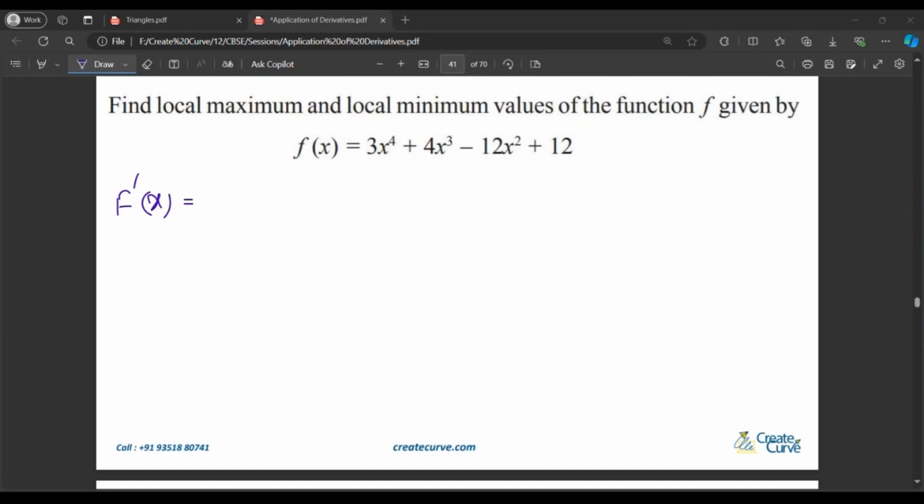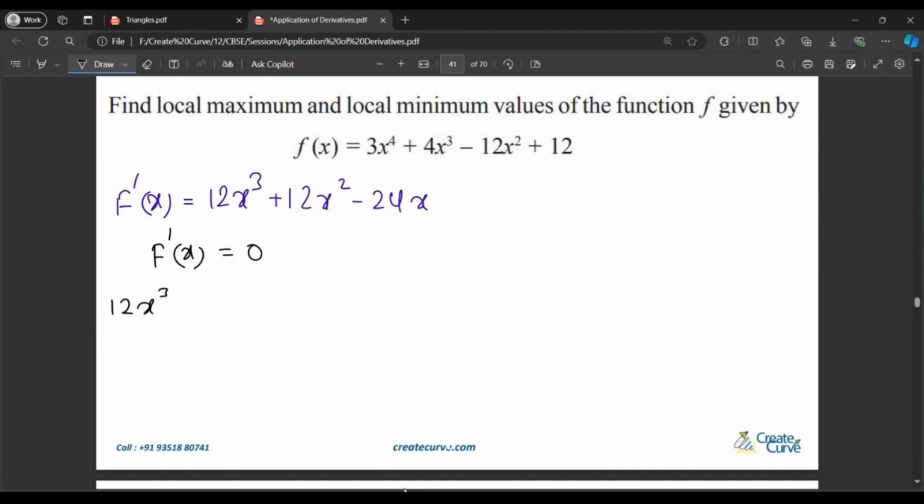12x cubed plus 12x squared minus 24x. Okay. f dash x is equal to 0. So 12x cubed plus 12x squared minus 24x is equal to 0. Okay, we can take 12x common. What will be in the bracket? x squared plus something.